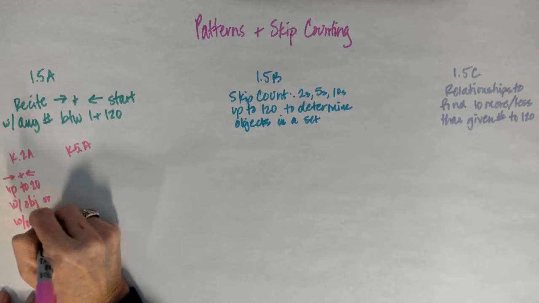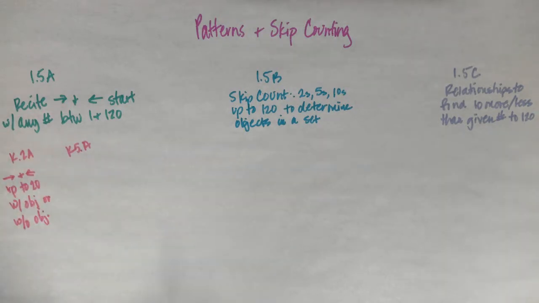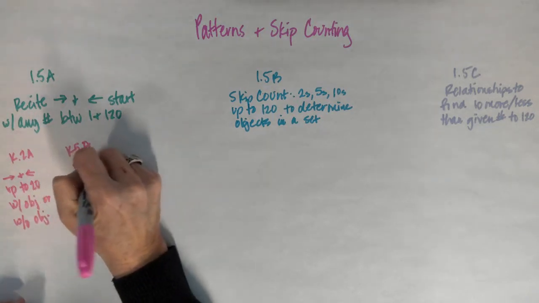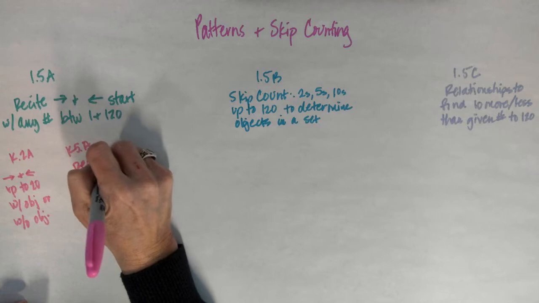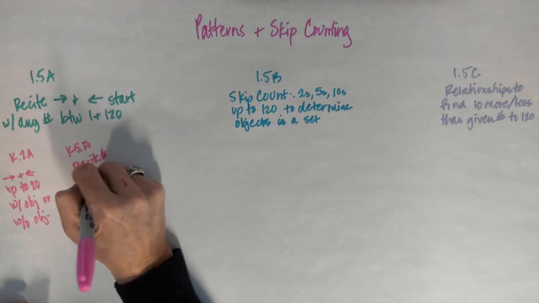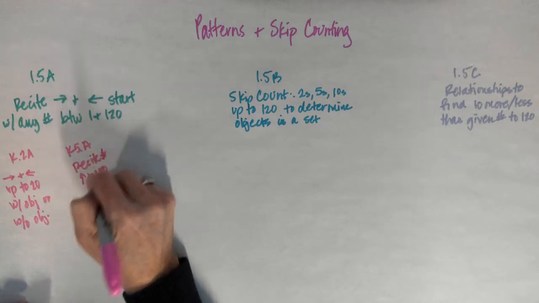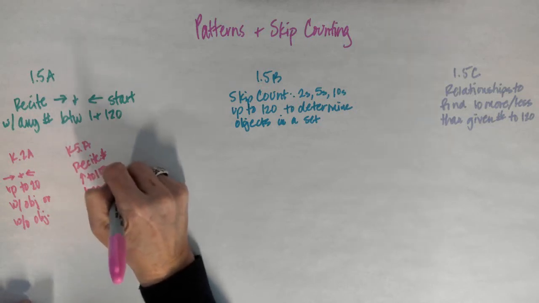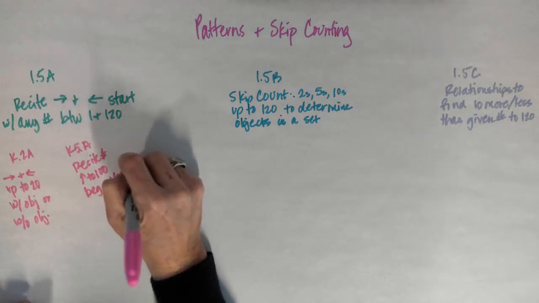So that's what their starting point is for this unit. Now, in K5a, they count or recite numbers up to 100, beginning with any number.